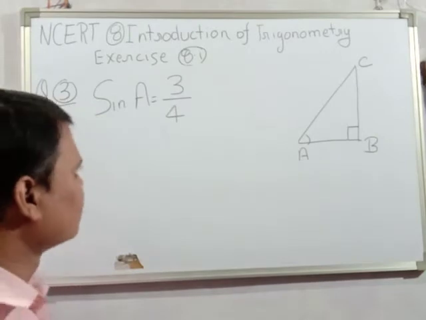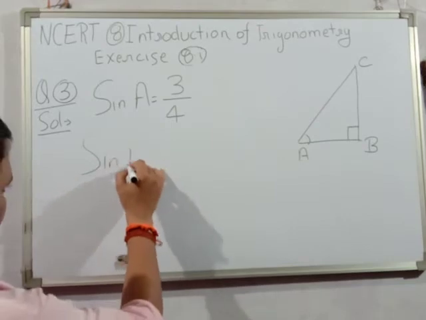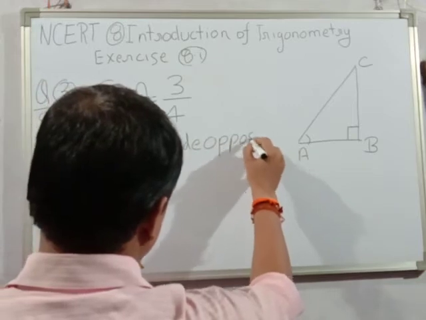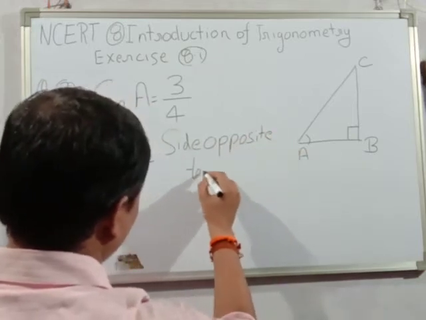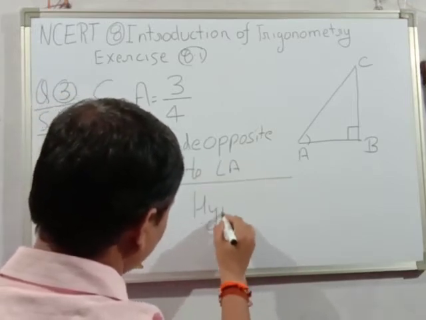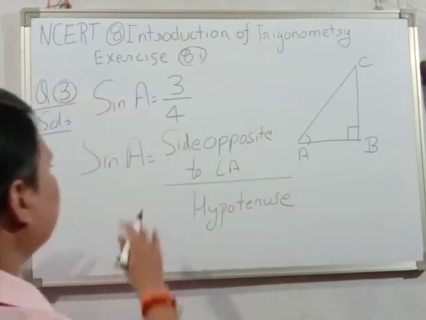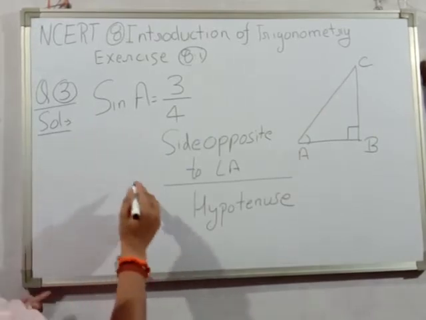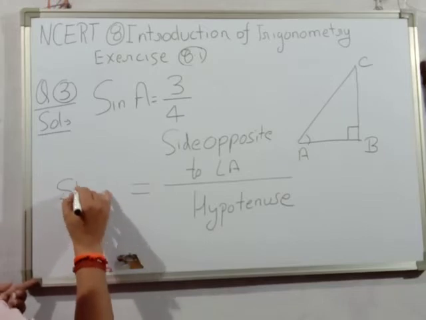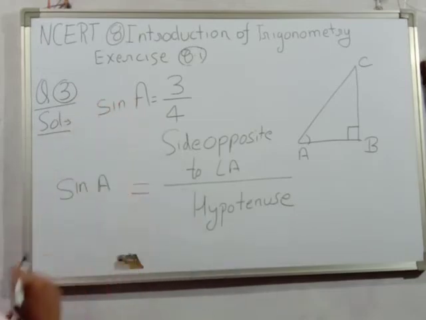Sin A is the side opposite to angle A divided by the hypotenuse.